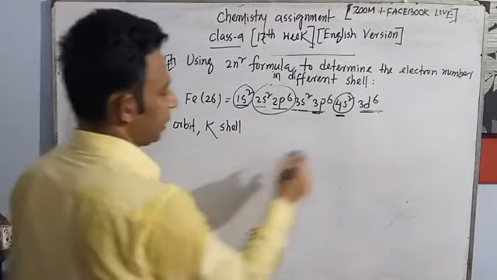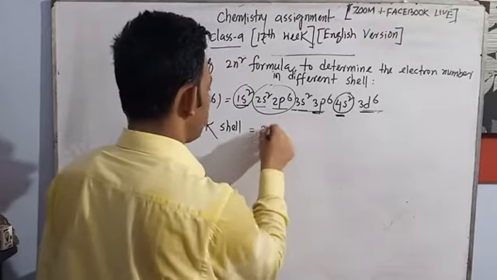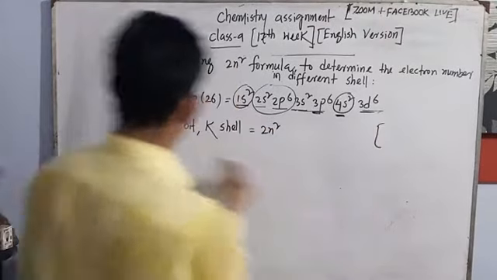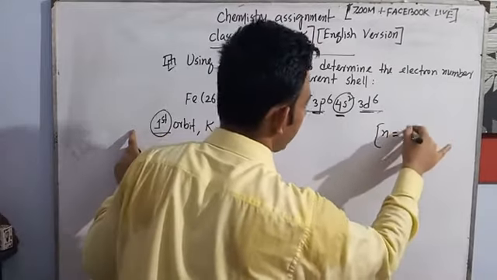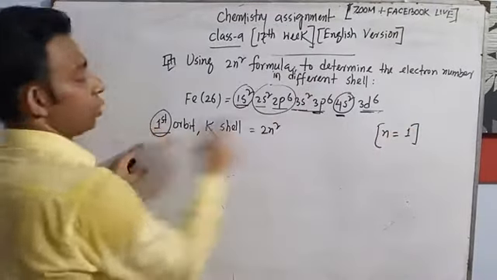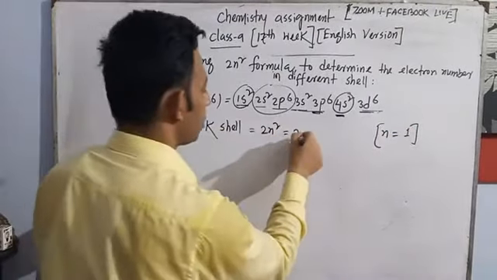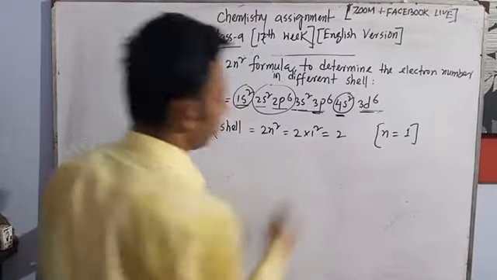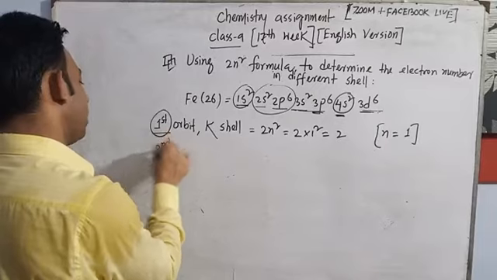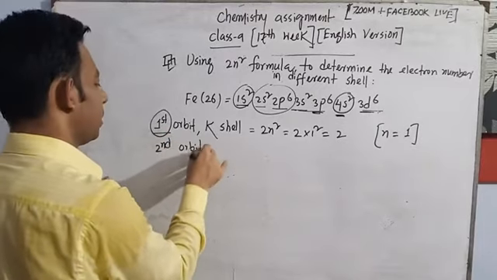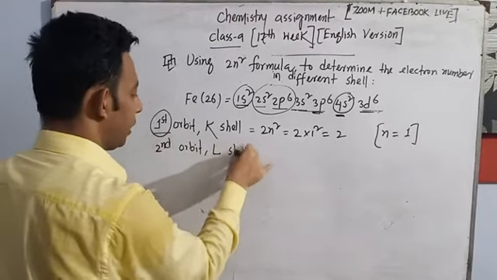K shell, formula 2n square. First means value of n, principal quantum number, n means 1. First means 1, 2n square, 2 into 1 square equal to 2. Number of electrons 2.